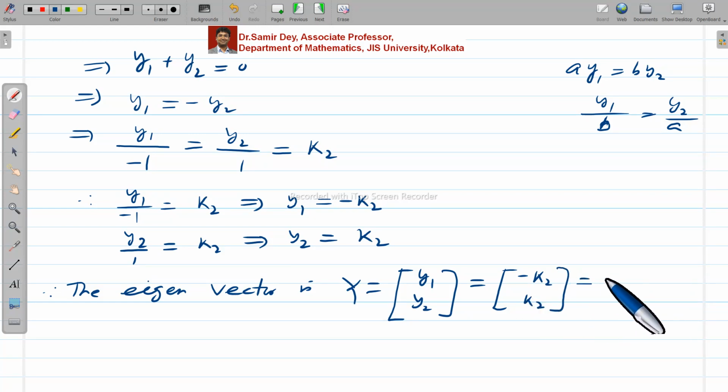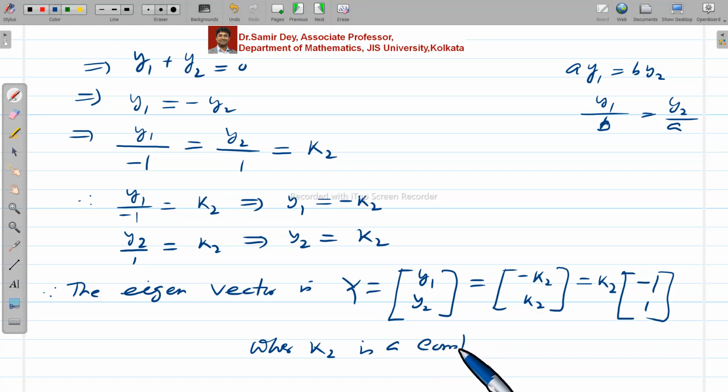So if I take common, k2 is common, so it is coming minus 1 and 1. Don't forget where k2 is a constant. Clear? It's a very, very important information. Don't forget to mention. That is the solution of it.